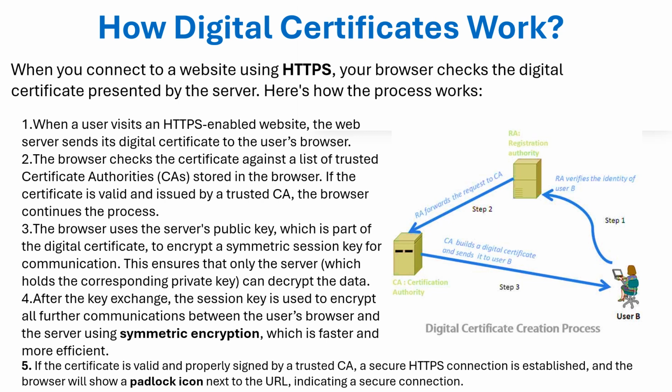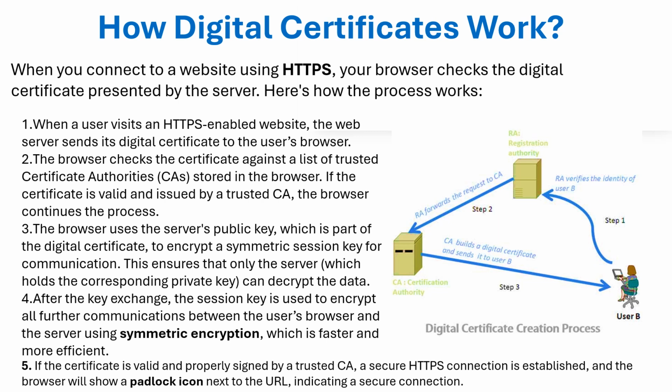Sometimes the certificate is expired. The browser uses the server's public key, which is part of the digital certificate, to encrypt the symmetric session key for communication. This ensures that only the server, which means the holder of the corresponding private key, can decrypt the data. After the key exchange, the session key is used to encrypt all further communication between the user's browser and the server using symmetric encryption, which is faster and more efficient.